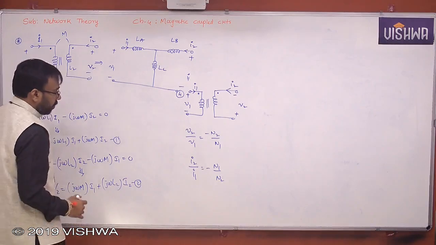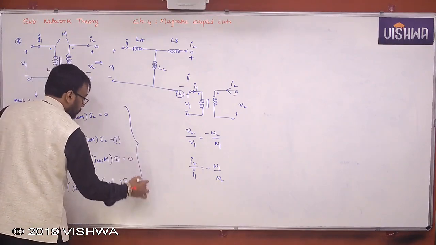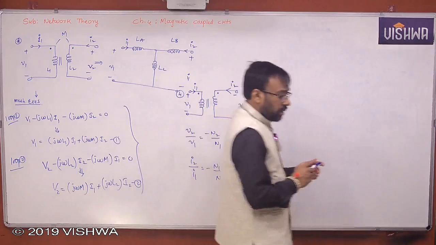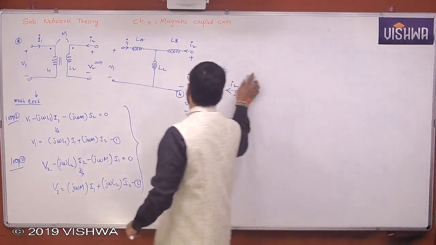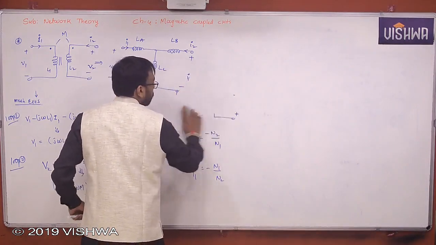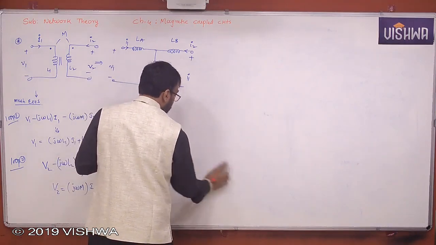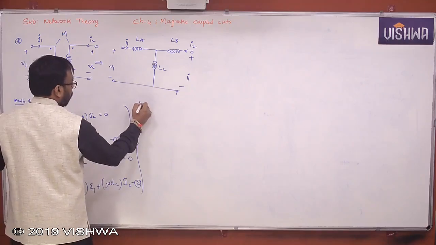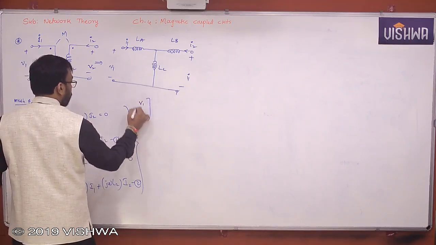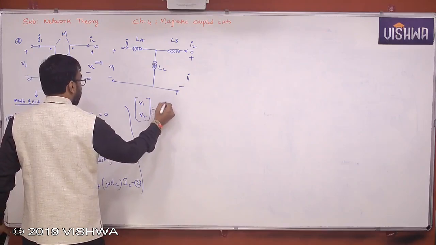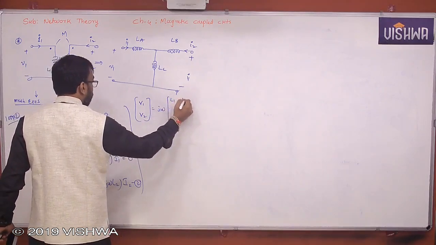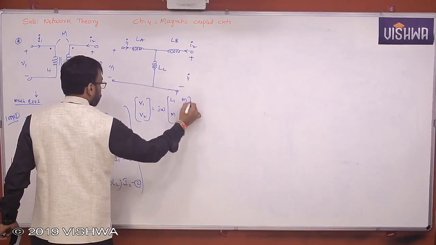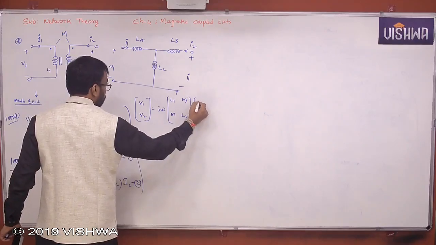So what do you get here from this? From this, you can write in the matrix form. V1, V2 is equal to J omega of L1, M, M, L2 into what?